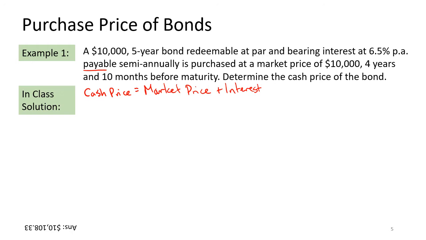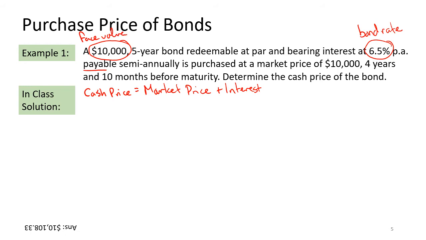The market price will fluctuate based on interest rates in the market. But your interest calculation when you purchase a bond is always based on the face value, in this case $10,000, and the interest rate or the bond rate associated with your bond. Okay? So 6.5% is the bond rate and $10,000 is the face value.